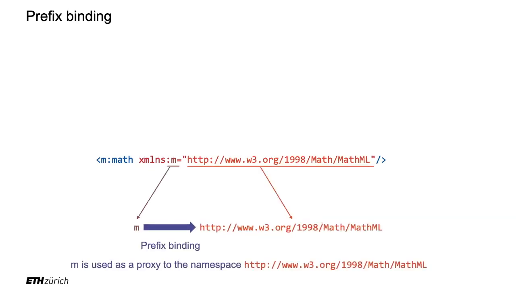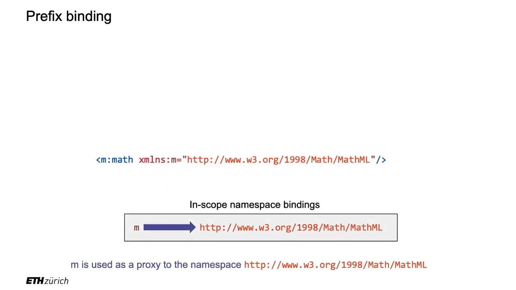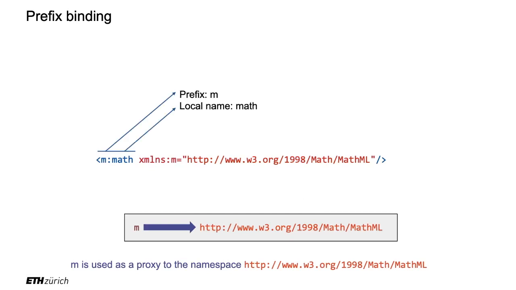What it says is what is after the colon. So M is a prefix that I bind with the MathML namespace. So wherever you see M as a prefix to an element or attribute name, it means that it belongs to the MathML namespace. These are called, that's the fancy name, in-scope namespace bindings. That's just the bindings from the prefixes to the namespaces.